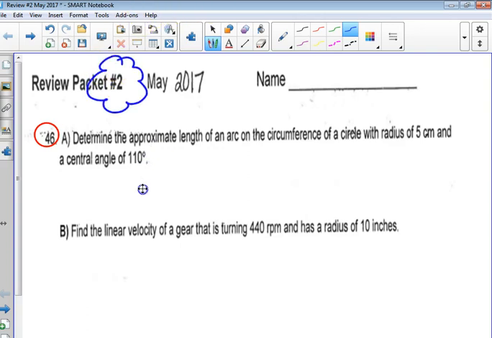All right, so this is review packet number 2. And the formula for arc length, anybody remember that one? Okay, so do we just multiply 5 times 110 and we're done?